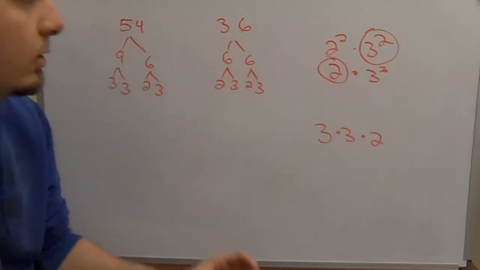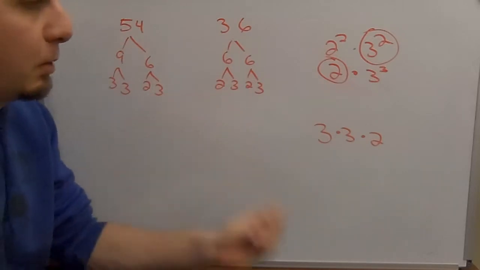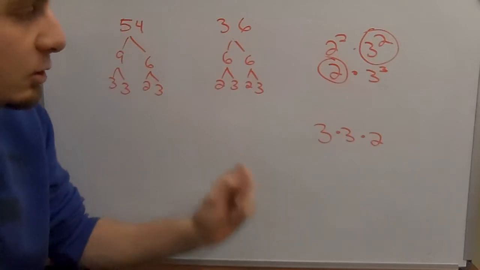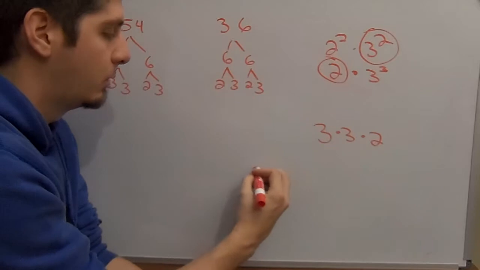So since the prime factors can get us all of the regular factors of these numbers, their common prime factors should be able to get us their common factors. So let's take a look. 2 goes into both of them.